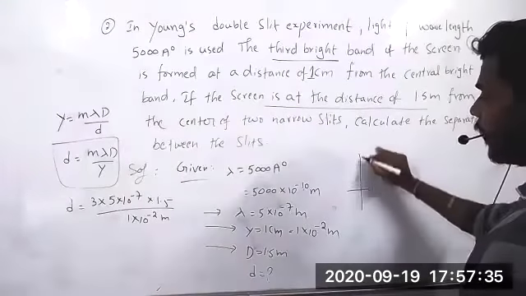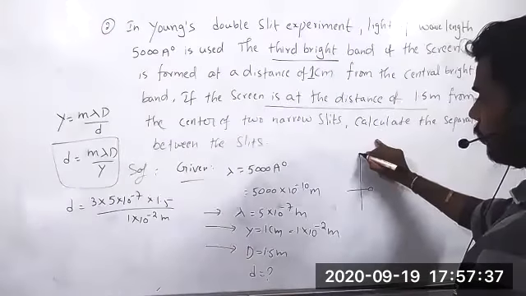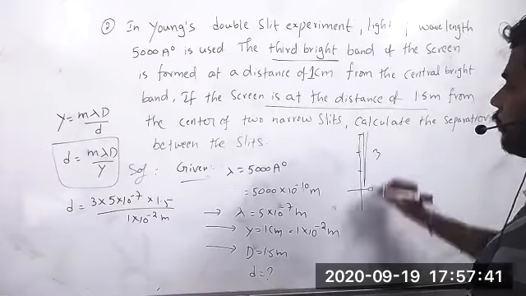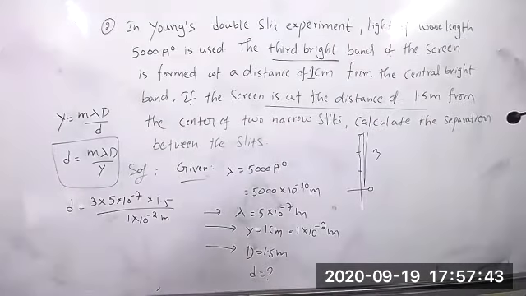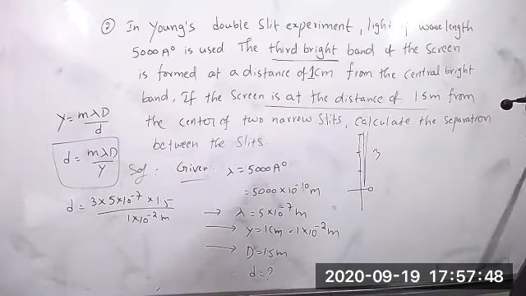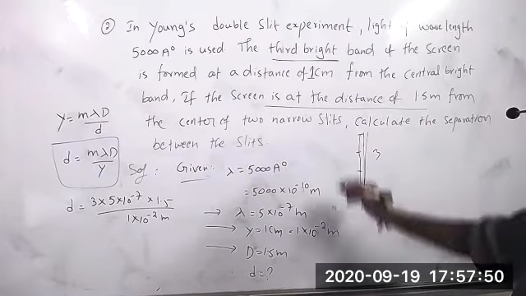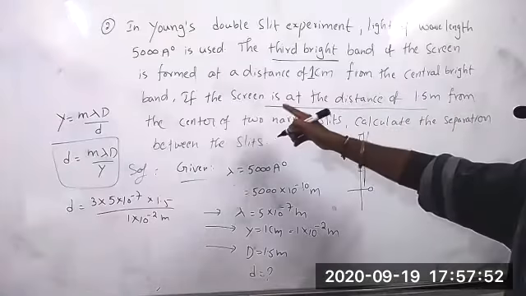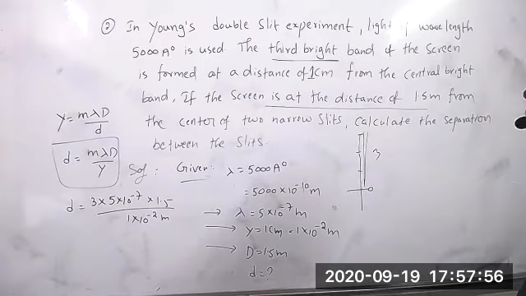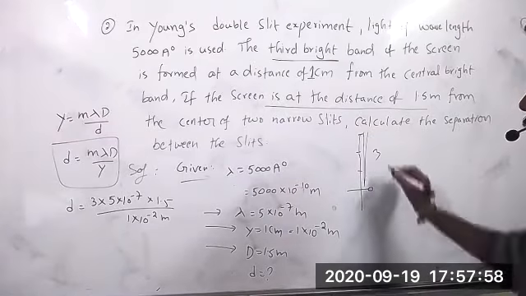From the center, it is third: 1, 2, 3. It is the third. The band on the screen is formed at a distance of 1 centimeter from the central bright band, the third bright band. So first, second, third. 3 only, m.